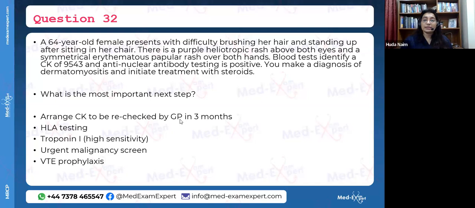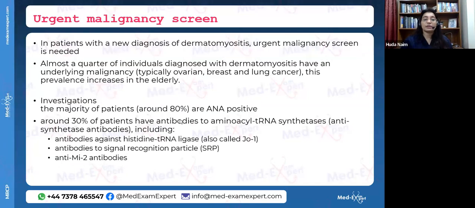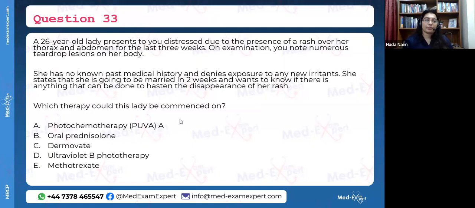You would like to do a malignancy screening test because dermatomyositis is usually associated with malignancy, such as ovarian tumors, breast, lung, all of these. So you have to always rule out the underlying malignancy in an older person with new onset dermatomyositis. Okay.